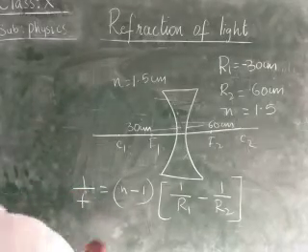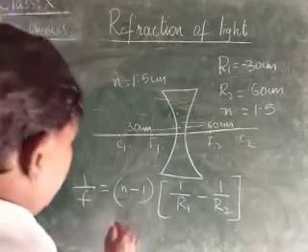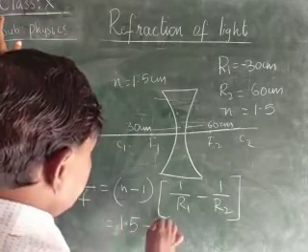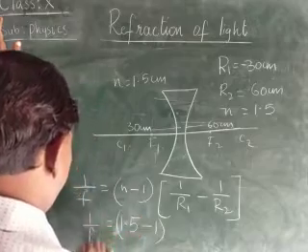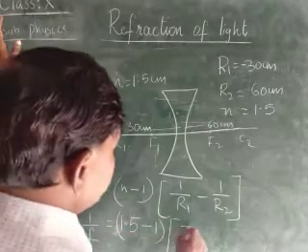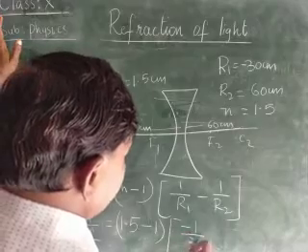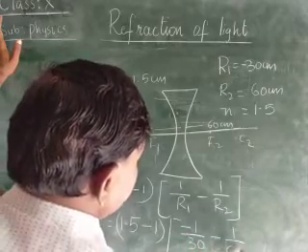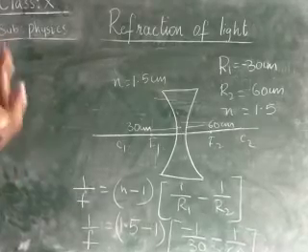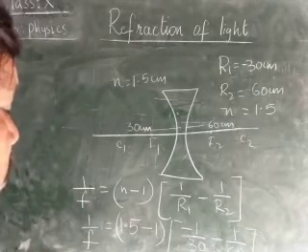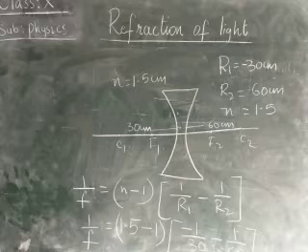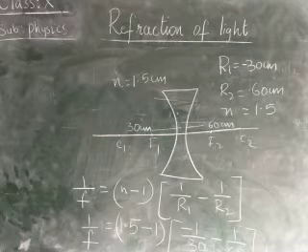Here n is given as 1.5, so n minus 1 is 1.5 minus 1. 1 by f is equal to (1.5 minus 1) into (minus 1 by 30 minus 1 by 60), children.